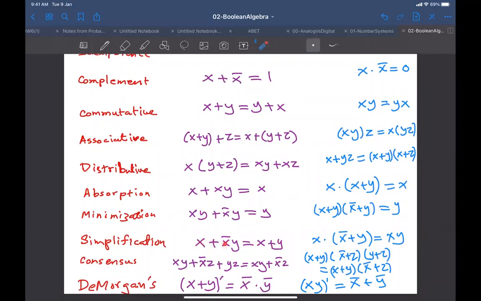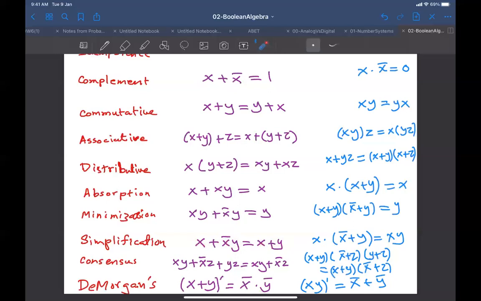X ORed with x complement y is equal to x or y. The right hand side has one less literal than the left hand side. You see that? So which literal did we get rid of? The one that is ANDed with something else. So we have x ORed with x complement y is equal to x or y. On the other hand, if we have x complement ORed with xy, then we get rid of the x, so we get x complement or y.